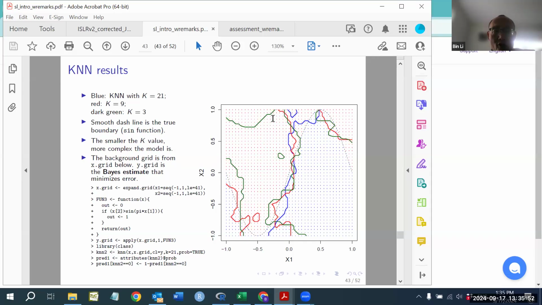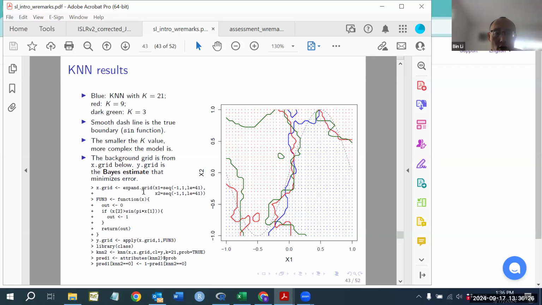Here I'm just showing the KNN results with K equals 3, which is in dark green, 9, which is in red, and 21 in blue. So the blue color is the smoothest, okay? And the dark green color with K equal to 3 is the most complicated. And the smooth dashed line is the underlying true function, that's the true boundary.